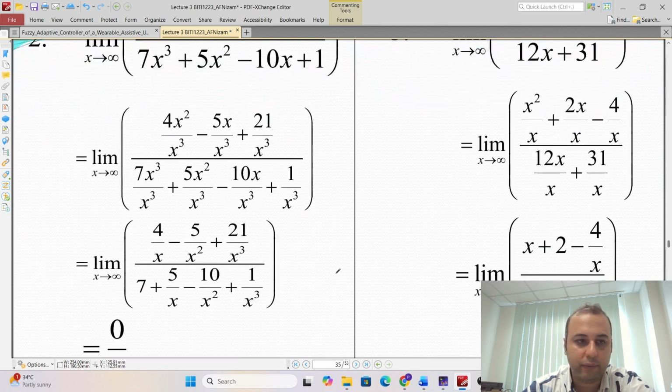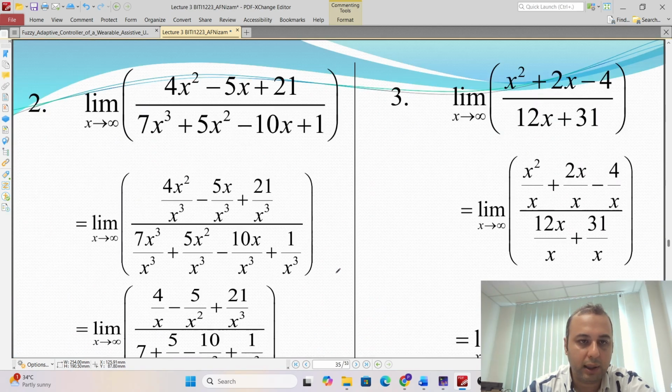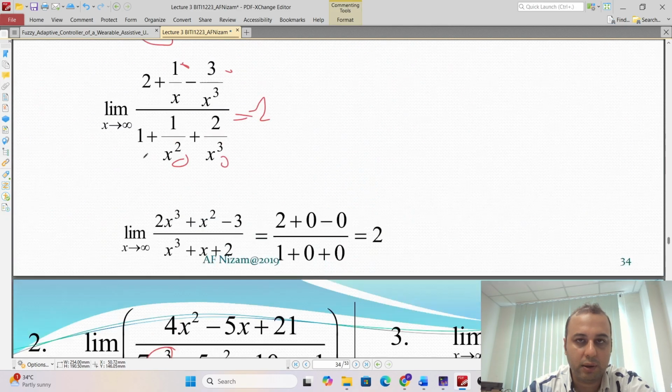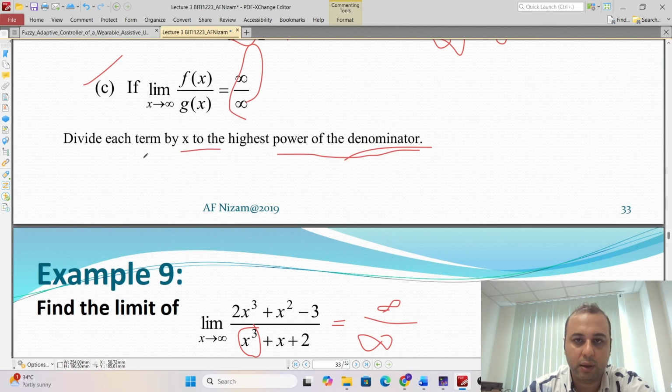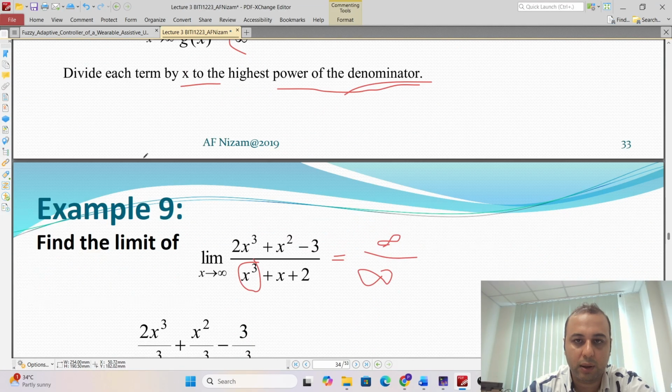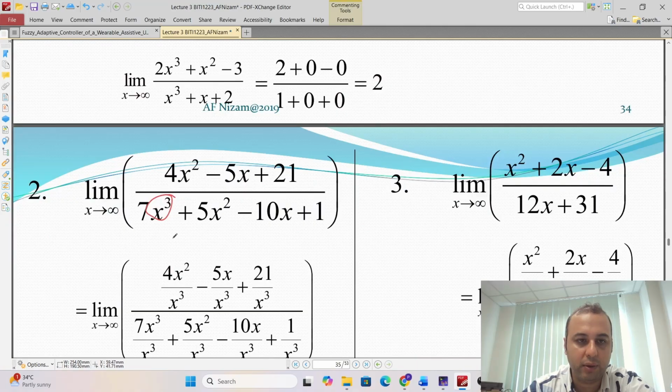Another example. Okay, the highest power of the denominator is the downside. So x^3 is the highest.